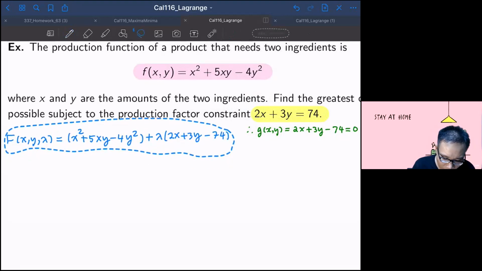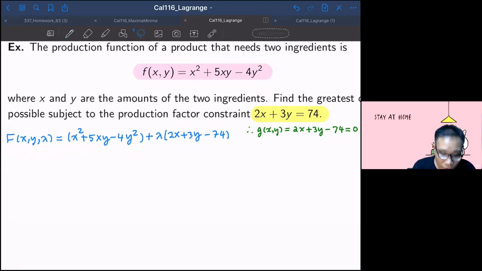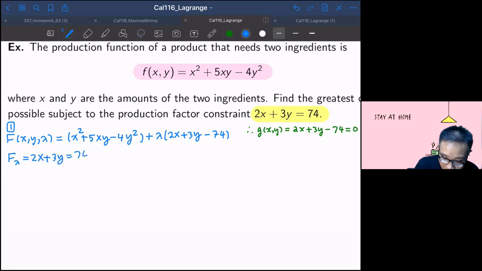Let me move this one up a little bit. So you're gonna compute for the first step. F lambda is just the constraint, 2x plus 3y minus 74 equal to 0.